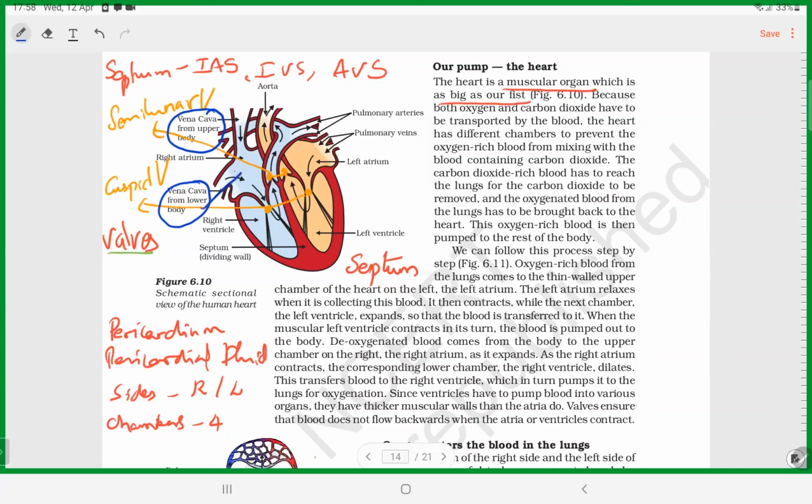From the lower part of the body, the blood is collected and drained into the right atrium through the inferior vena cava.